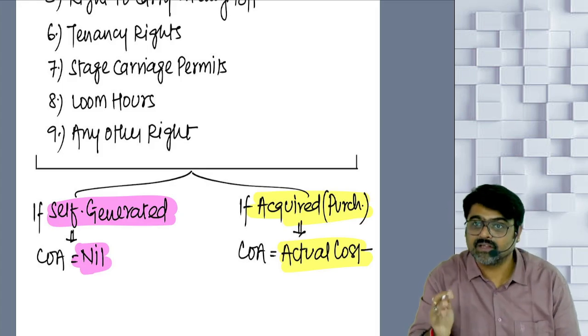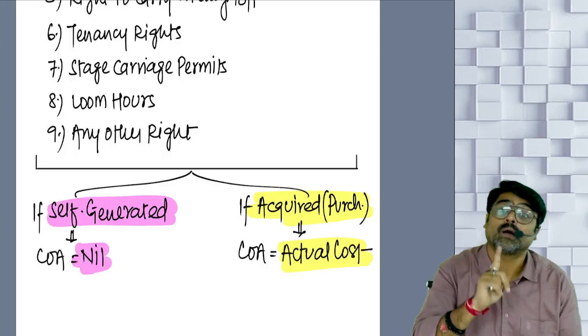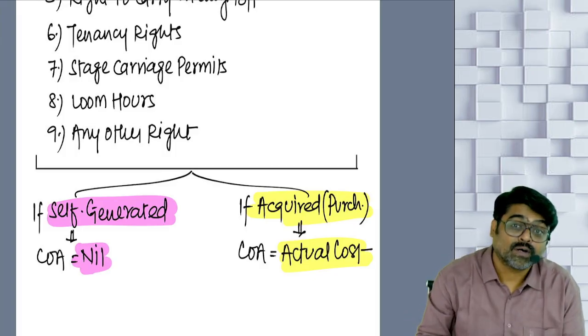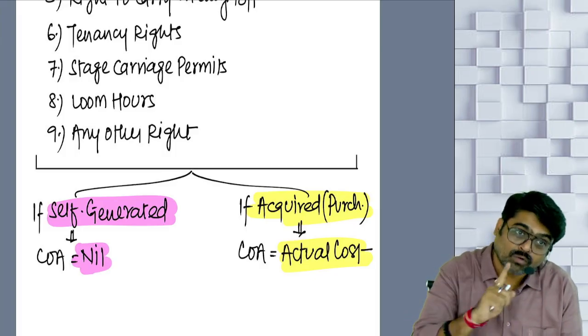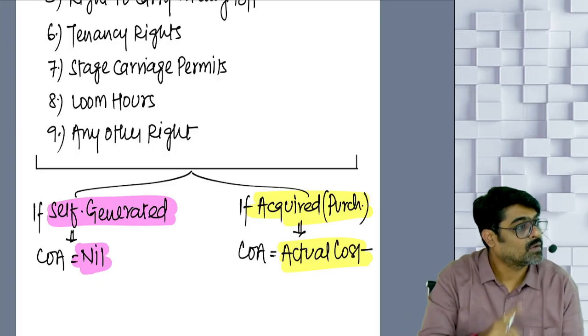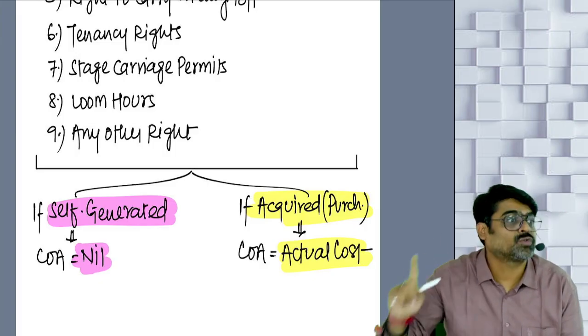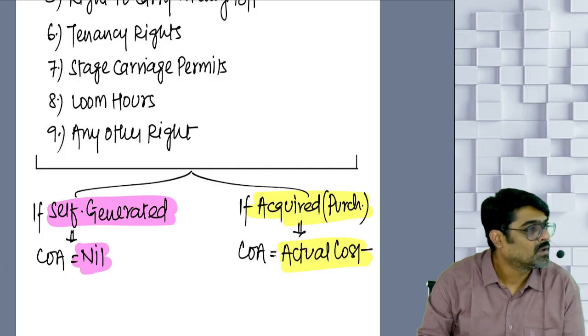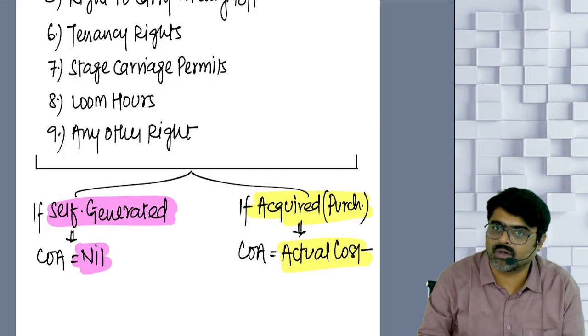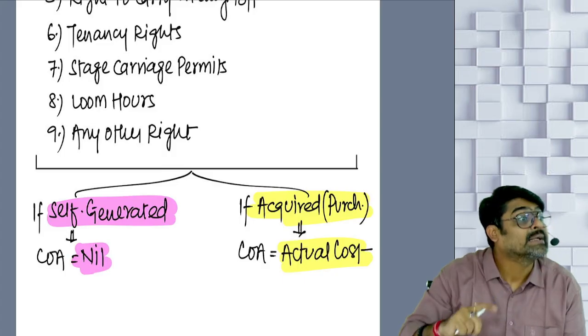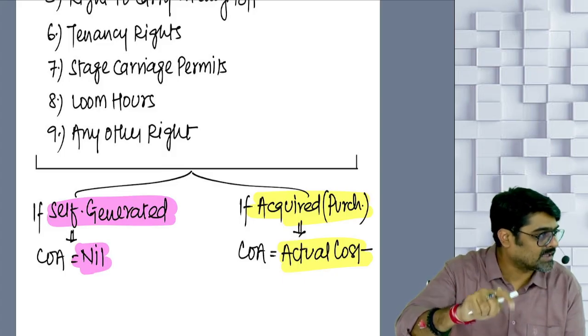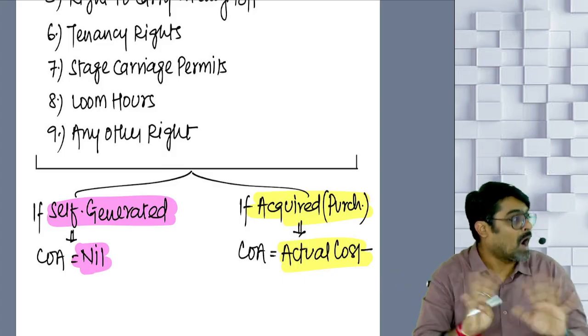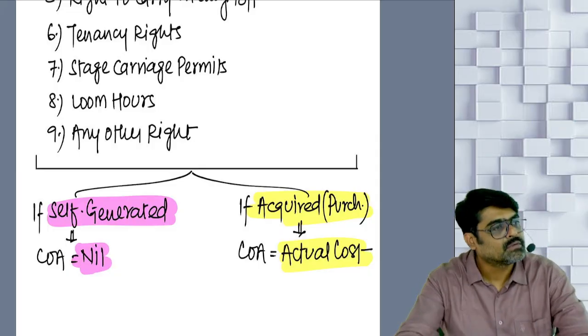So even if these assets are self-generated or acquired prior to 1st April 2001, you are going to take the cost as nil, or the actual cost only. Yes or no? The option given by section 55(2)(b) is not available for these assets.